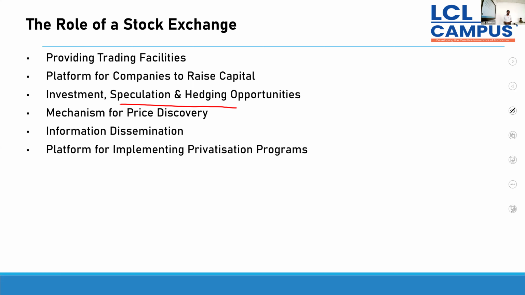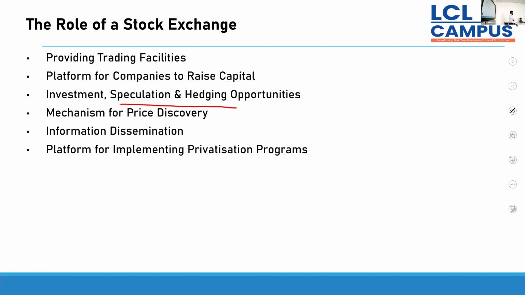A mechanism for price discovery: share prices are determined through this Colombo Stock Exchange. And information dissemination: you can obtain information through the CSE, right? All the listed companies should publish their annual report where? On the Colombo Stock Exchange website.